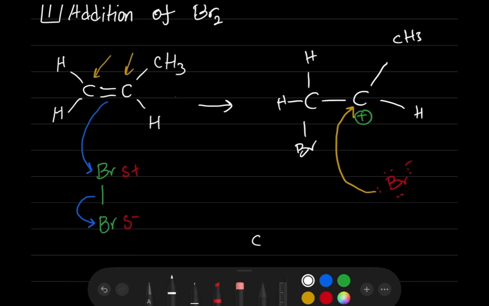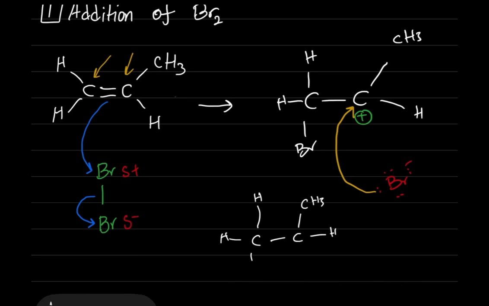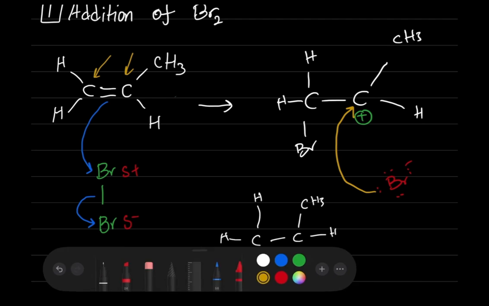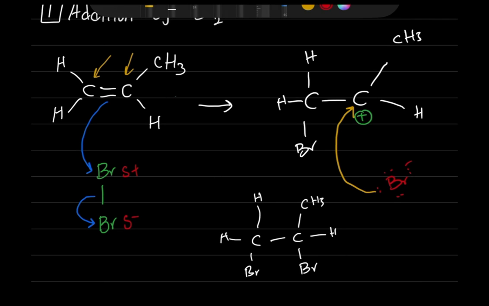Here we have CH3, and we have H, another H, and here we have Br, and down below we have another Br atom. So we'll end up with a disubstituted dibromo compound. If you want to name this compound, generally speaking, we find the longest chain that includes the halogen.